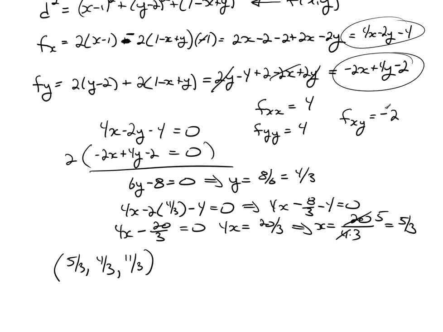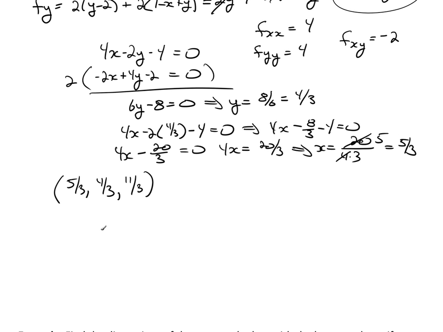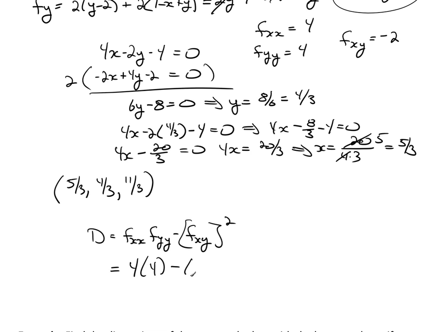Remember the second derivative test. To use that, I'm going to say D equals the second partial with respect to x times the second partial with respect to y minus the partial with respect to x and y, squared. That's going to equal 4 times 4 minus a negative 2 squared.